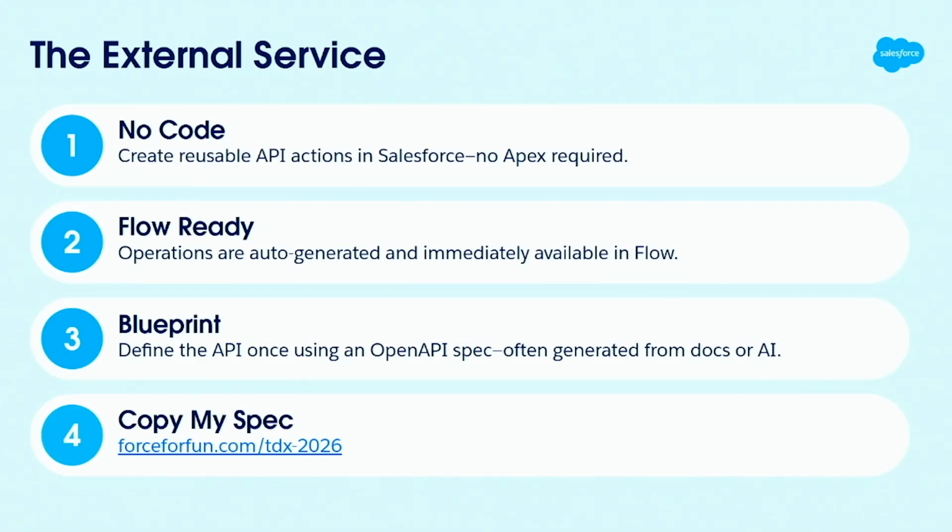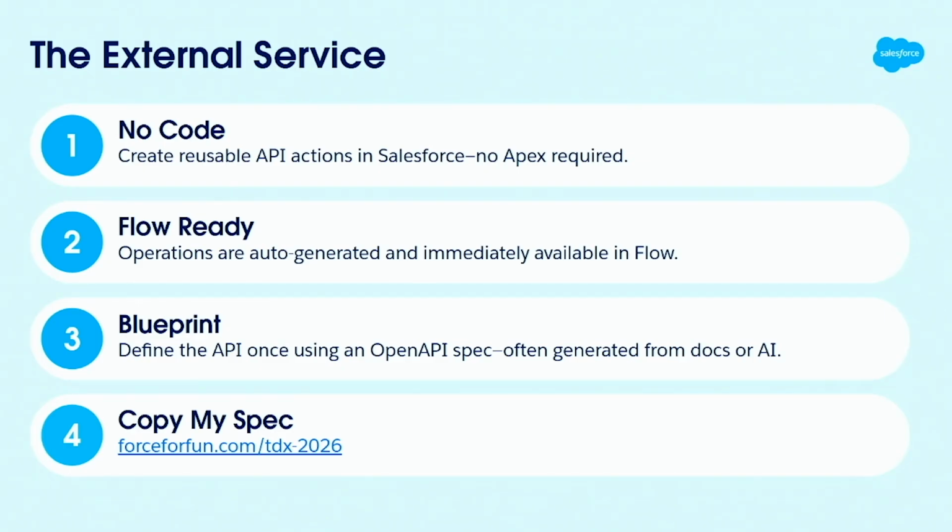The next thing we need to do is create our external service. And the external service is really our blueprint for how we're going to interact with this API, the IP geolocation API. And this is a JSON or YAML document that is no code. It is flow ready.